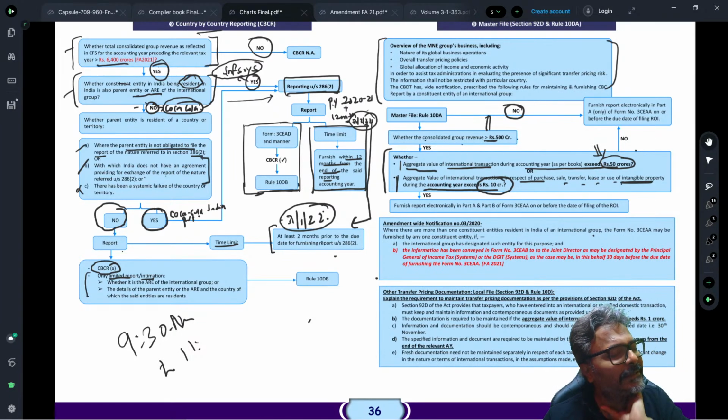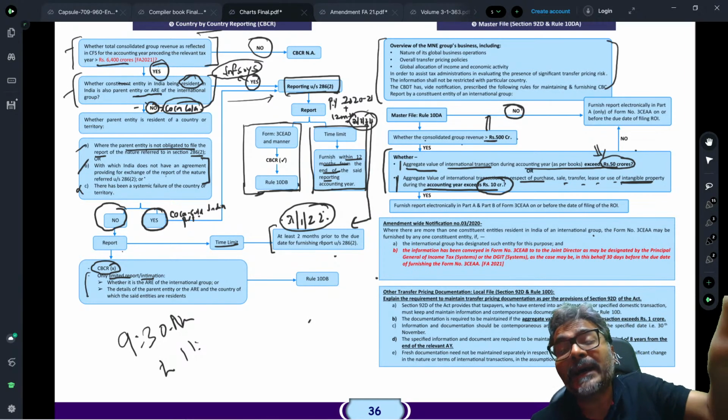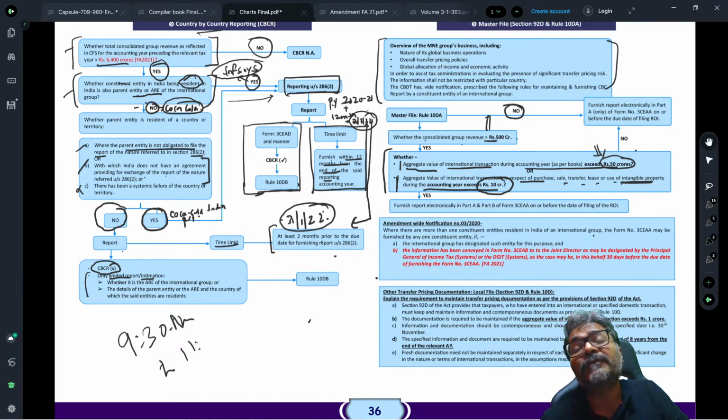That adjusted markup is what you are going to add on the total cost of the international transaction. That will get you the ALP. Again, I'm repeating this, markup percentage.